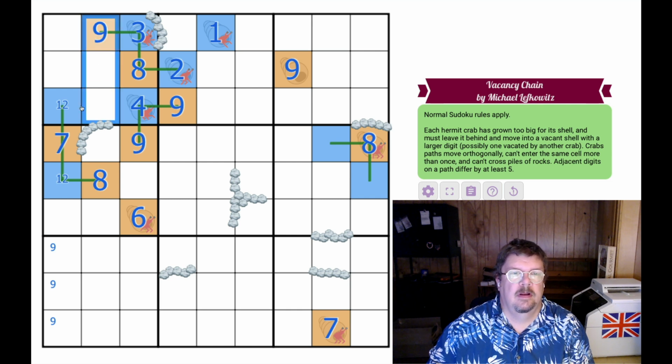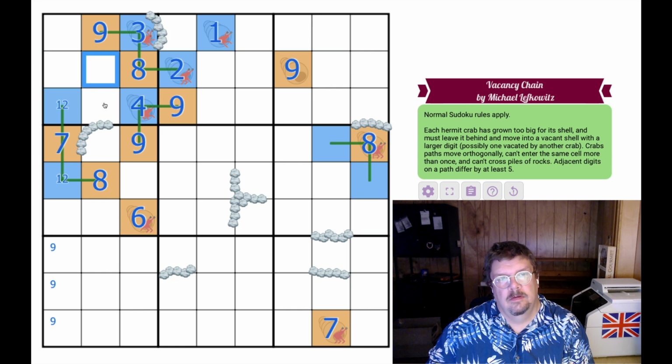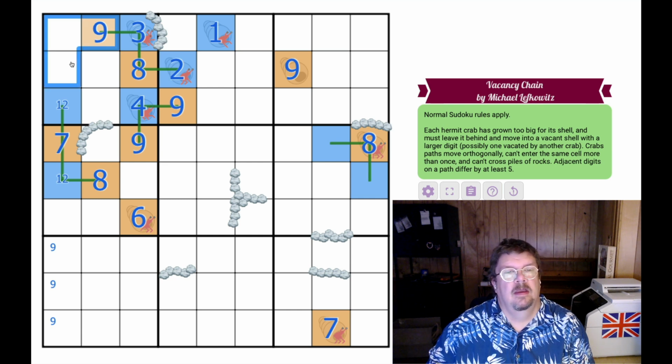I could come down like that. That would make this a 1. This, because it sees 2, 3, and 4. And then if it went to there, that would be 6 or 7. Ah, right. That's the way to think of it.